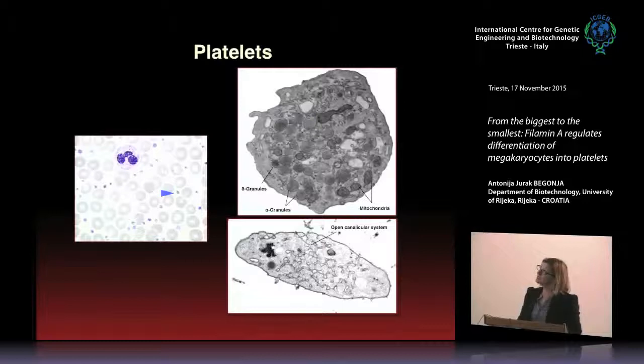Mammalian platelets, or here a human platelet, as you can see, are rich in granules. They are full of granules called alpha granules or dense granules, depending on how they break the light, and full of mitochondria.